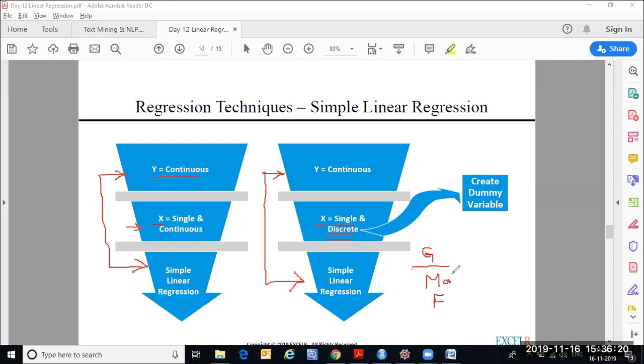If I just give the same variable as a text variable to the algorithm, would the machine be able to understand anything of this text data?